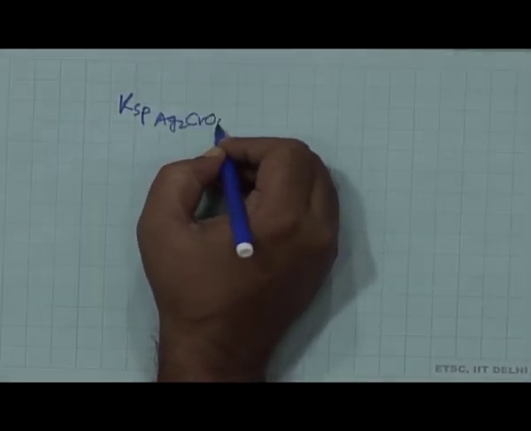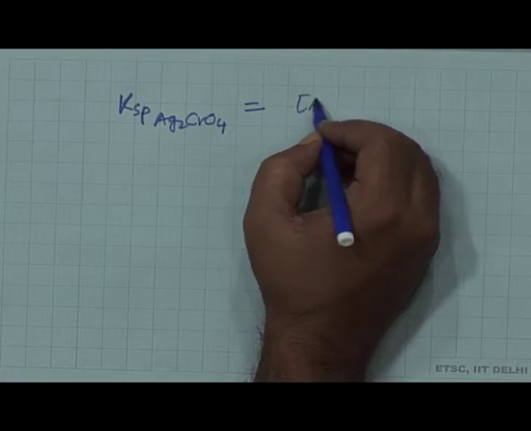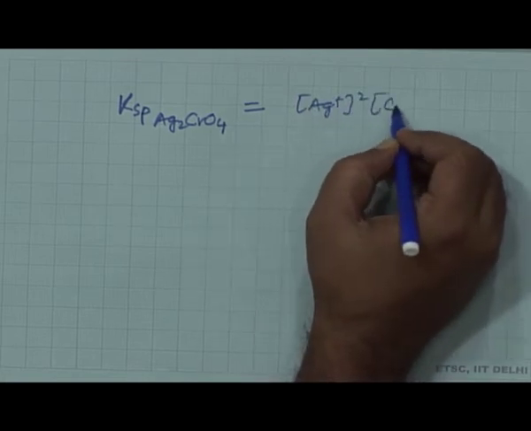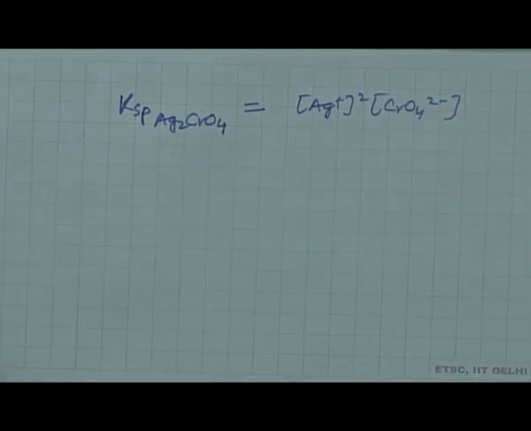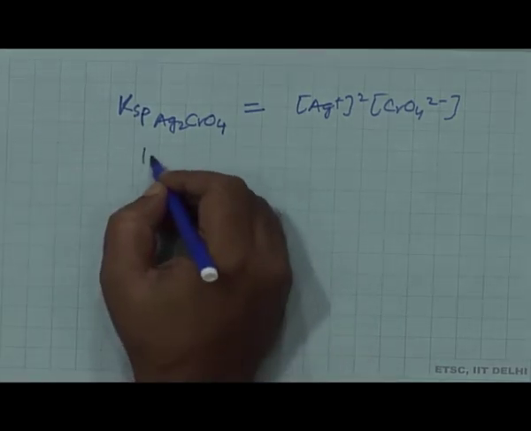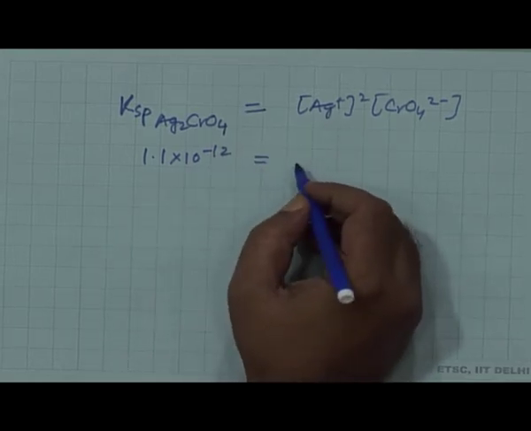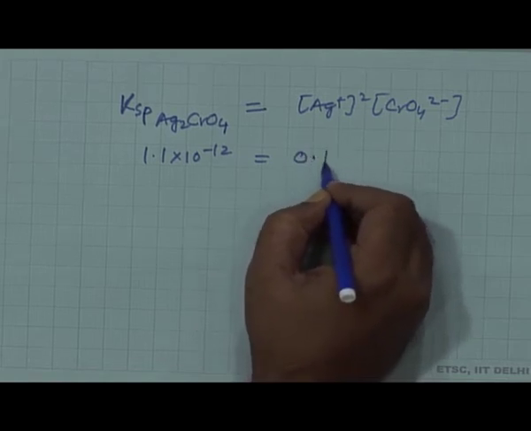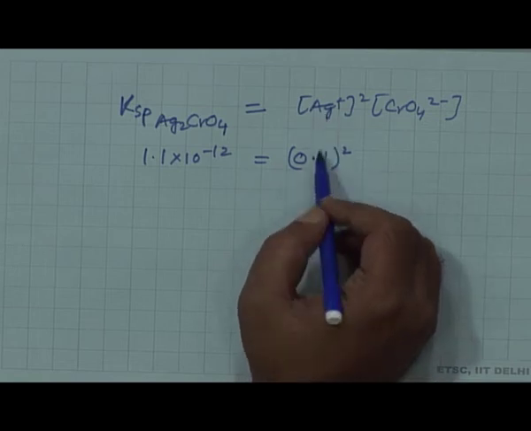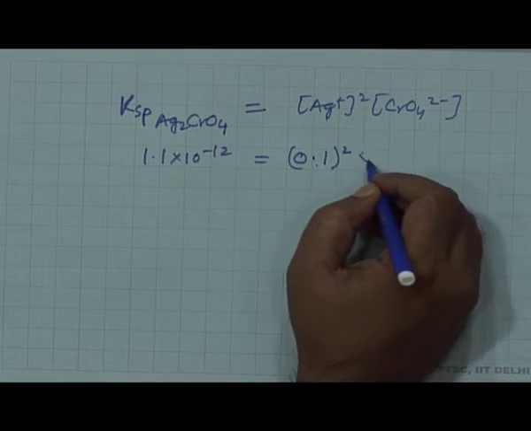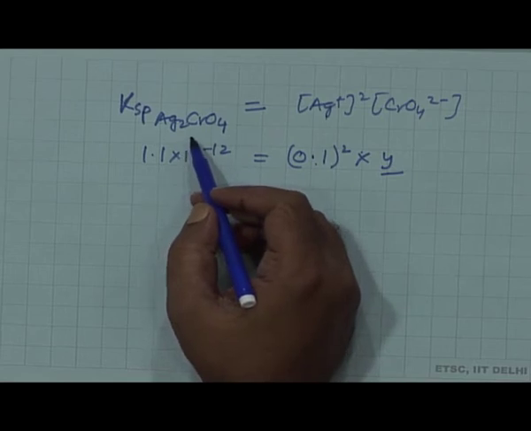And Ksp for Ag2CrO4 will be Ag plus squared into CrO4 2 minus, and Ksp is given as 1.1 into 10 to the power minus 12 and should be equal to 0.1 squared into Y, because almost all Ag plus has come from the salt, and Y is the solubility of Ag2CrO4 in presence of AgNO3.